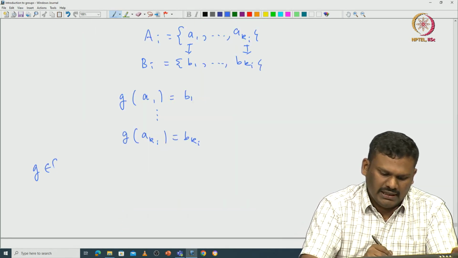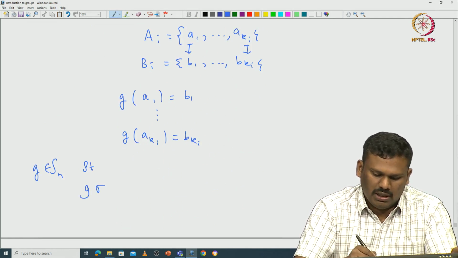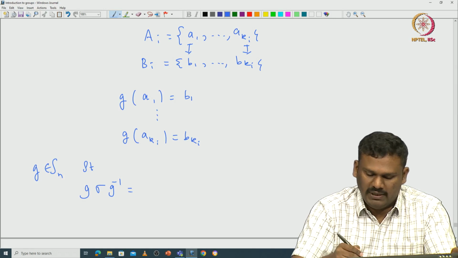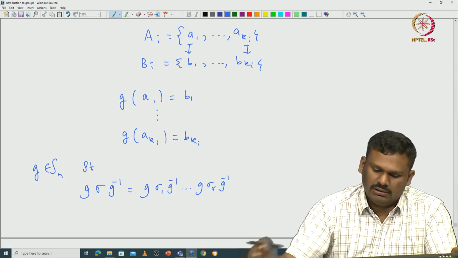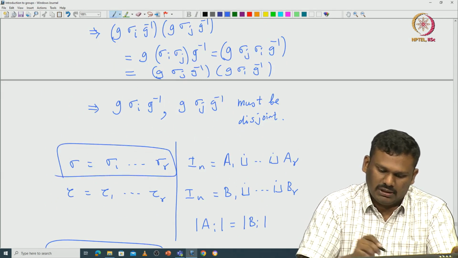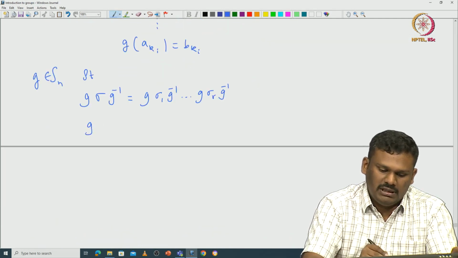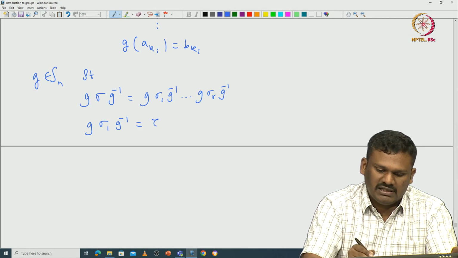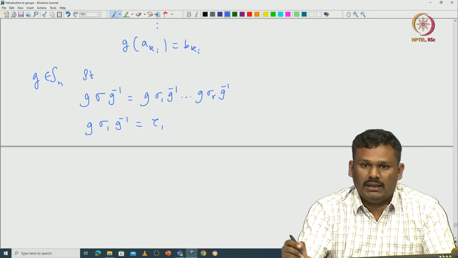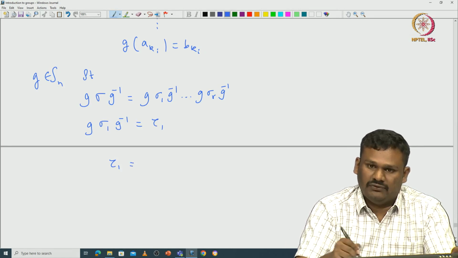g inside Sn such that if you take the conjugate g sigma g inverse, this is exactly equal to g sigma 1 g inverse and so on up to g sigma r g inverse, because sigma has this cyclic decomposition sigma 1 etc. sigma r. Now it is not hard to see that g sigma 1 g inverse is exactly tau 1, because tau 1 is given by the corresponding elements of A1.